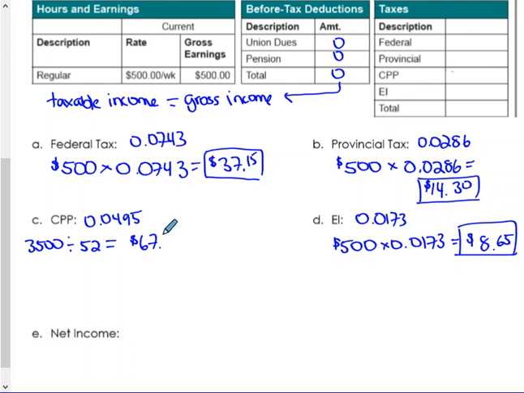We get 67.31. Then we take our income, 500, subtract that number, and we get 432.69. And lastly, take that, multiply it by 0.0495, and we get 21.42.